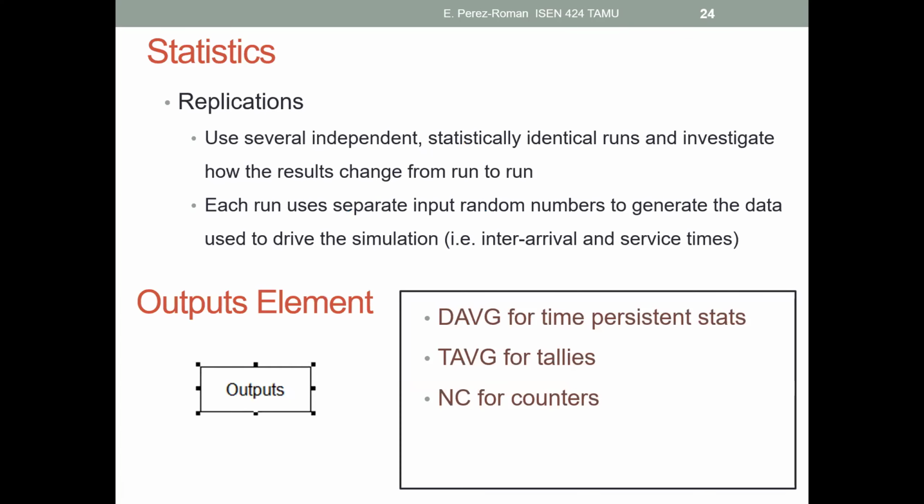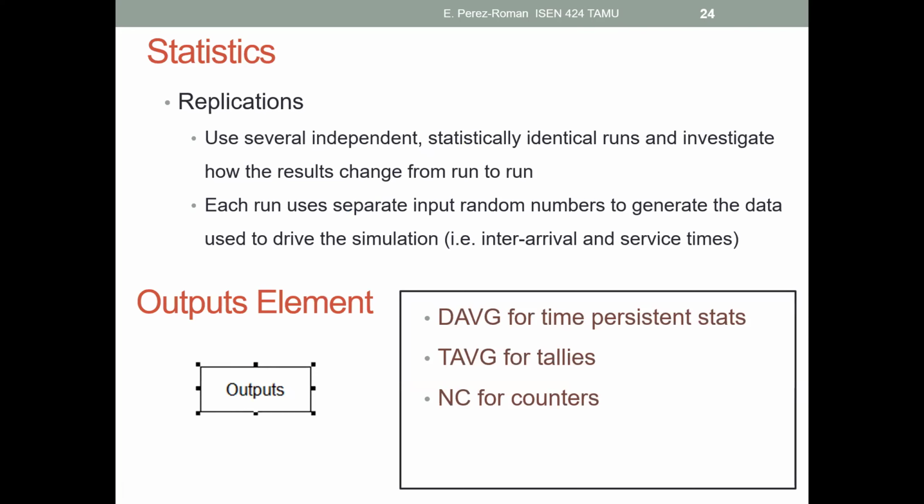Okay, so statistics for multiple replications. We're going to call this the outputs element to compute those. We're going to use DAVG for time persistence statistics, DAVG for tallies, and NC for counters. Okay, so I know this is a lot for today. I need to present this to you.